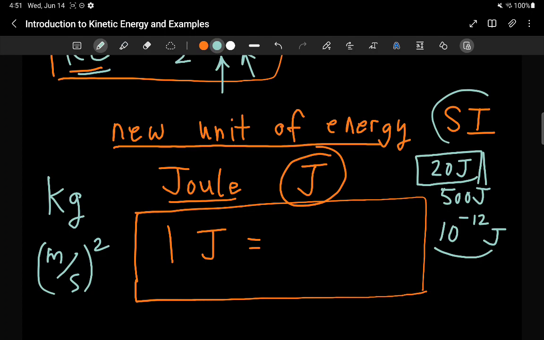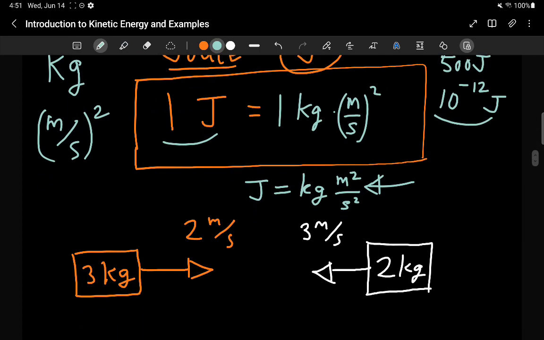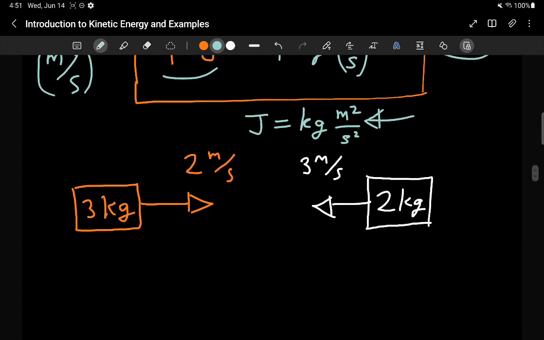And the SI definition of the joule is 1 mass unit times speed units squared. Another way to write the joule is equal to a kilogram meters squared per second squared. Okay, so you're going to see this arise naturally when we calculate a couple of example kinetic energies.